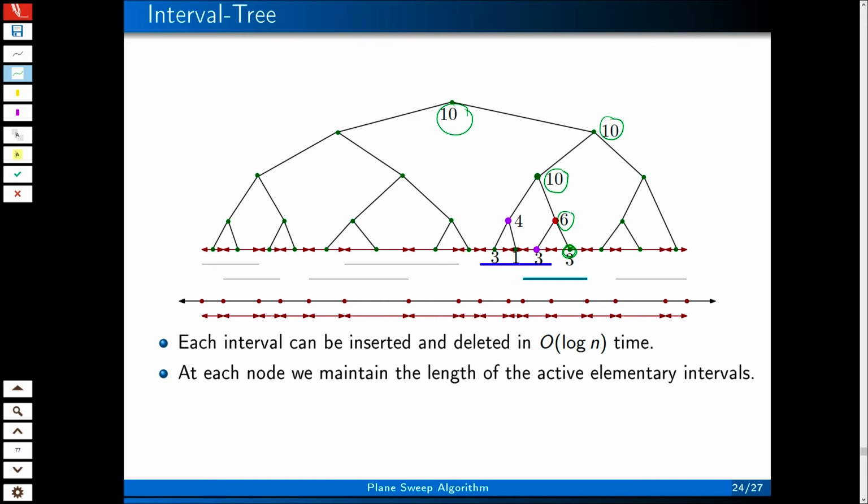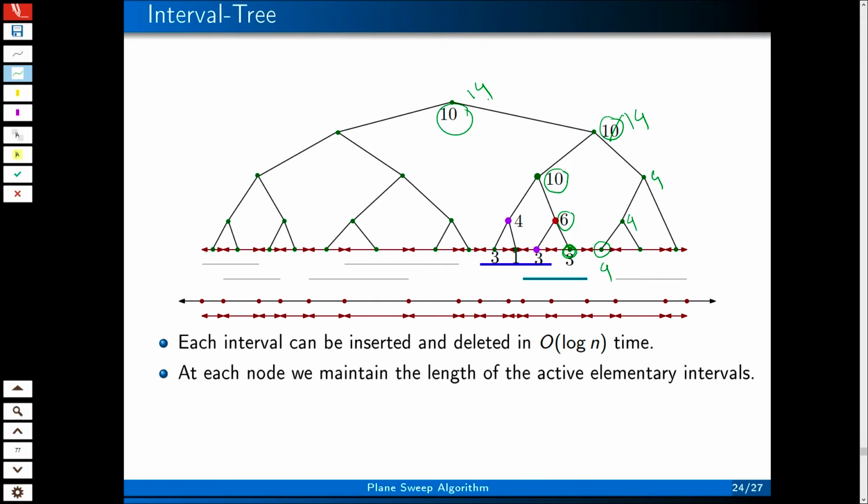If I make this active, this value is 4. So I'll make 4 here, it was 0, I'll add 4 here. This will become 14, this will become 14. A change in one node triggers log n operations. An interval is stored in log n vertices.